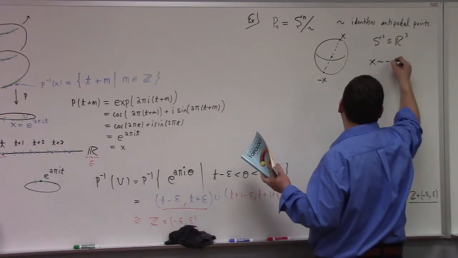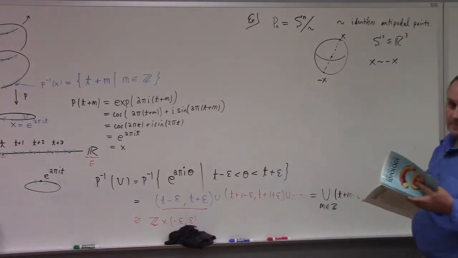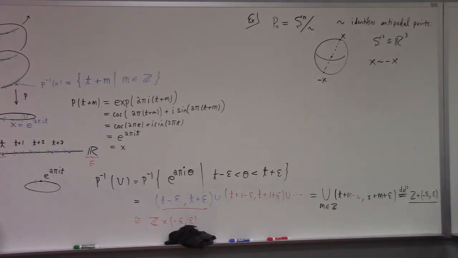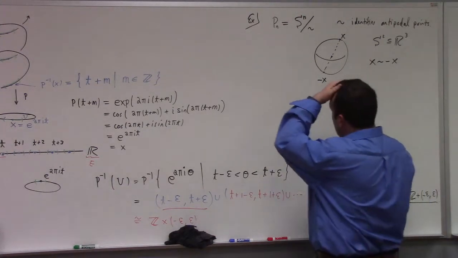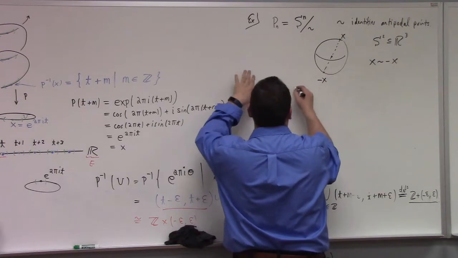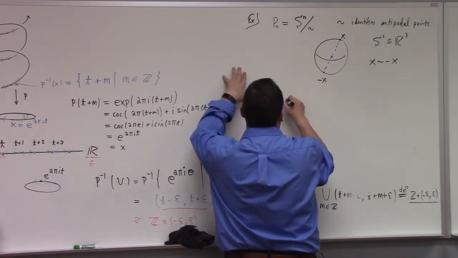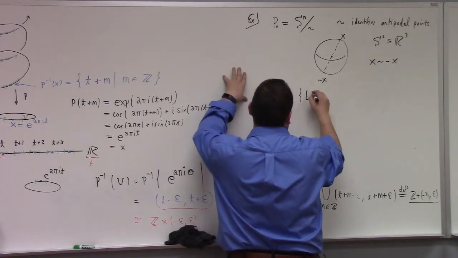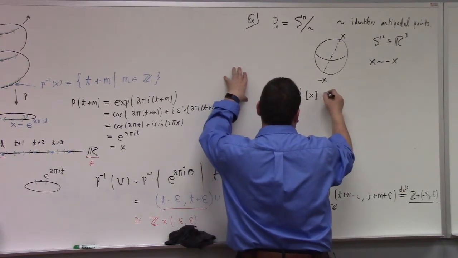X is equivalent to minus x. So Pn is the set of equivalence classes like this.